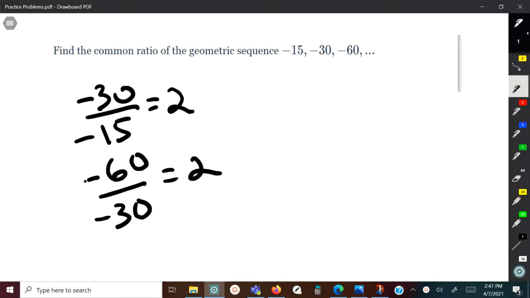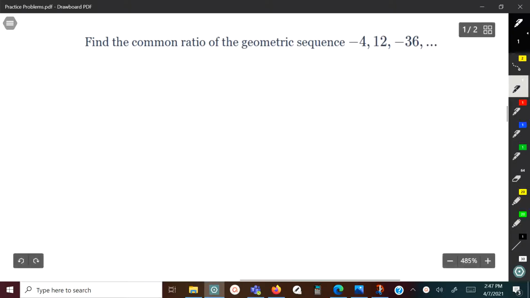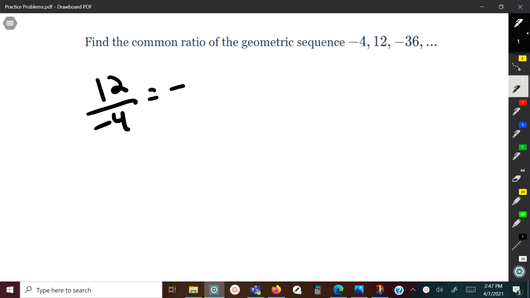Alright, take a look at this last example. Go ahead and pause the video and see if you can find the common ratio. Okay, so this is what you want to do on this one. You'll take the second term, 12, divided by negative 4. And positive divided by a negative is a negative. 12 divided by 4 is 3.